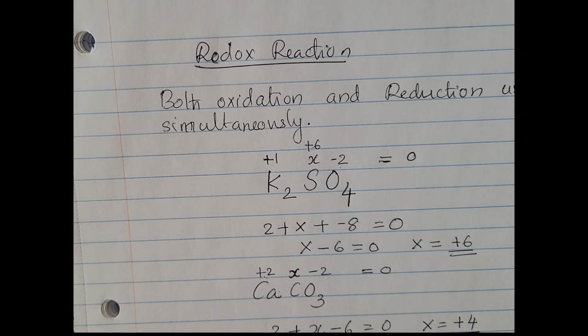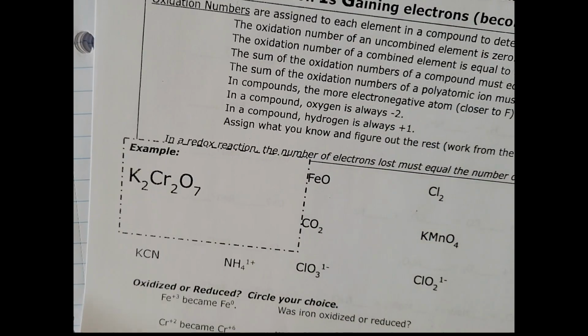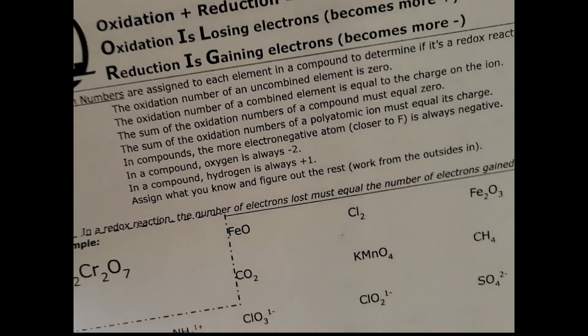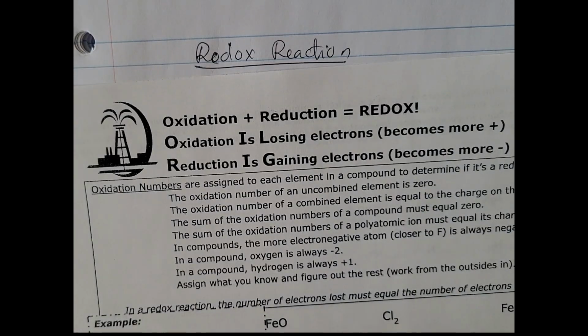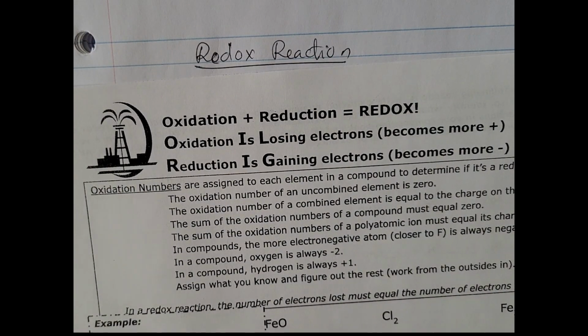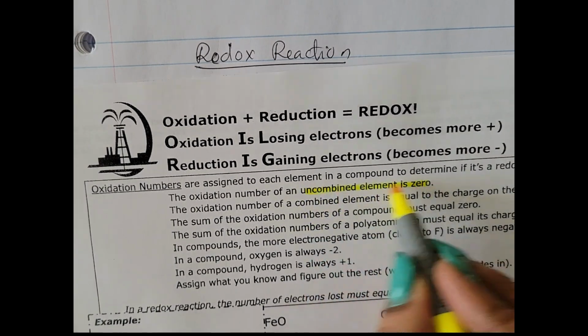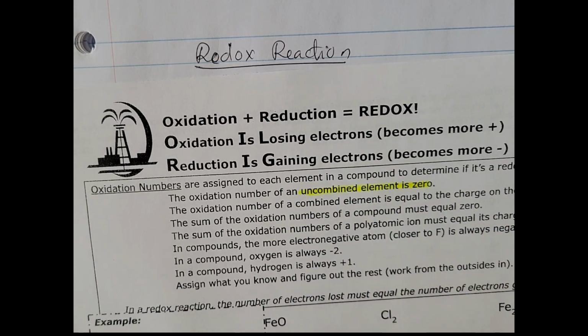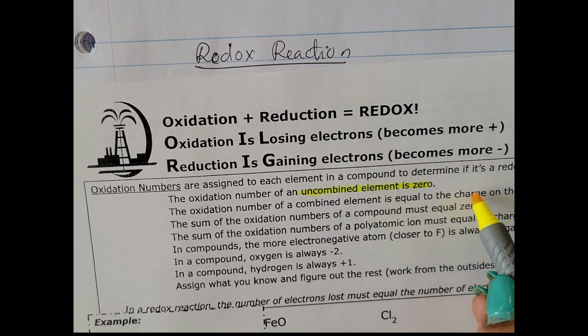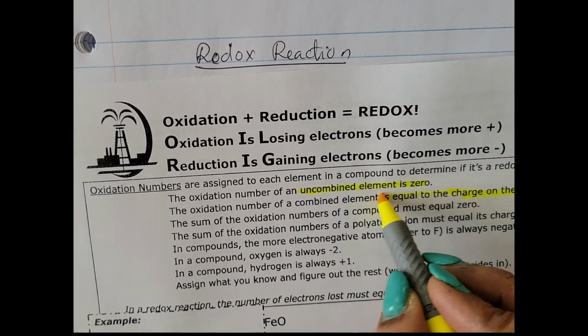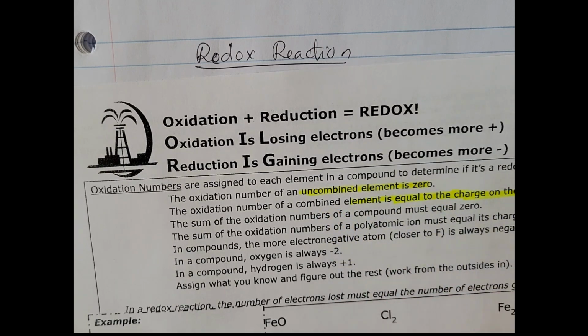Okay. So now, get this paper. I will review one more time the rules we discussed. An uncombined element is what? An uncombined element is 0. Then a combined ion is equal to the charge of the ion. So if it is group 1, that will be plus 1. Group 2, that will be plus 2, like that.